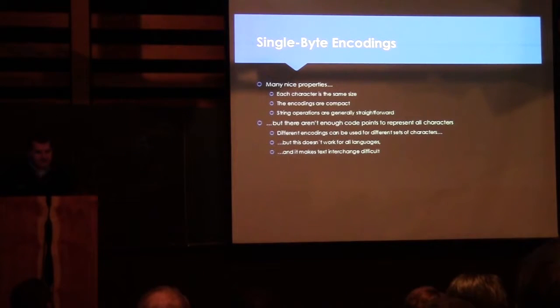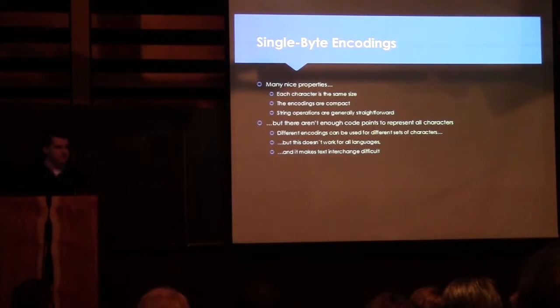So single byte encodings have a lot of nice features. Each character is the same size. For languages that have only a small number of characters, the text is very compact. String operations are generally very straightforward. Since you have a small number of characters and they're really well defined, functions like toUpper or isDigit are really simple to implement, and really simple to understand.